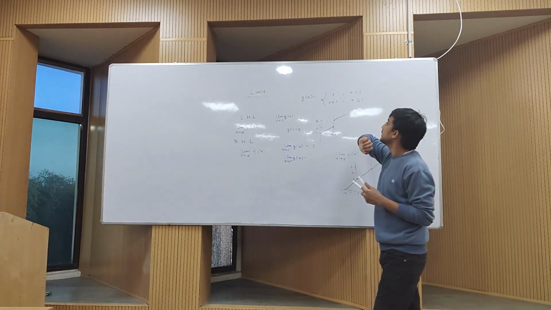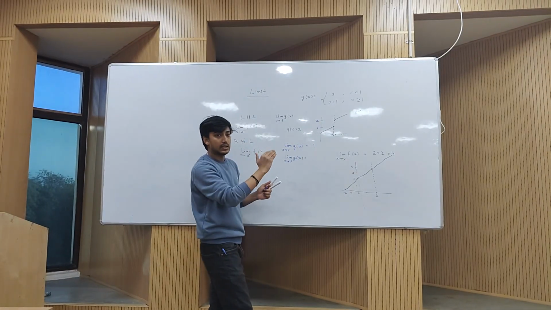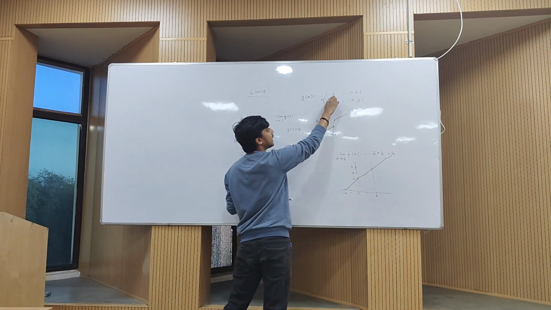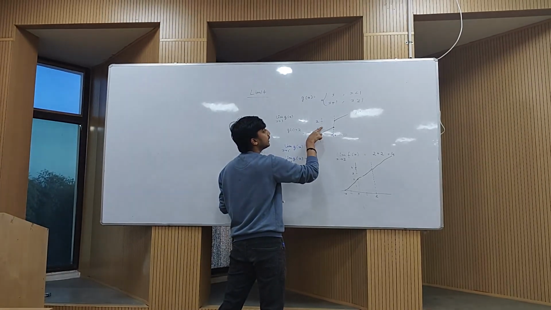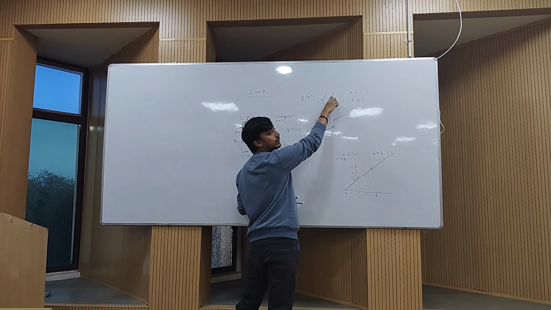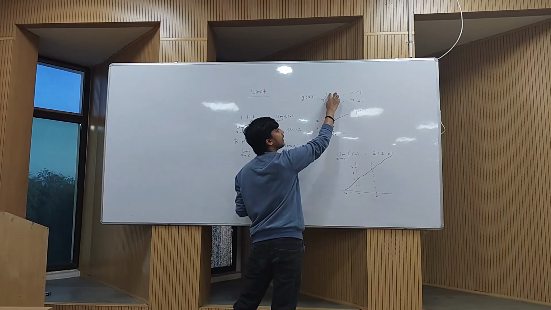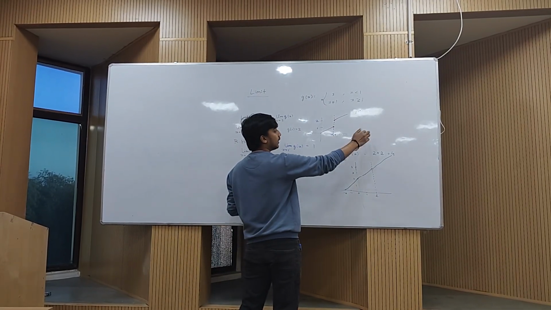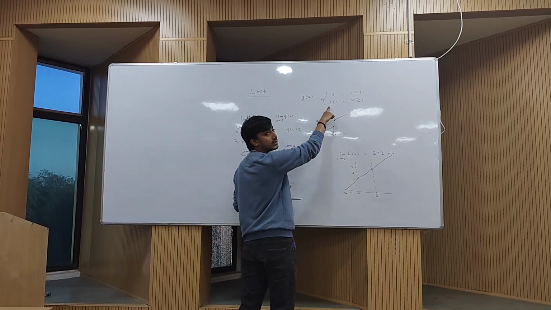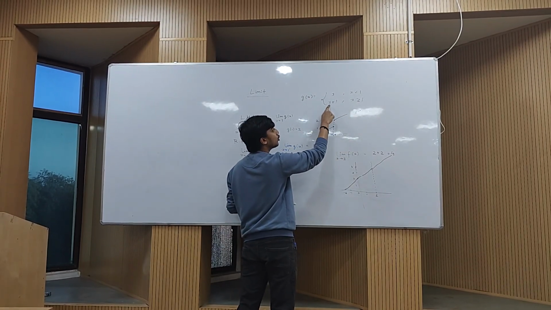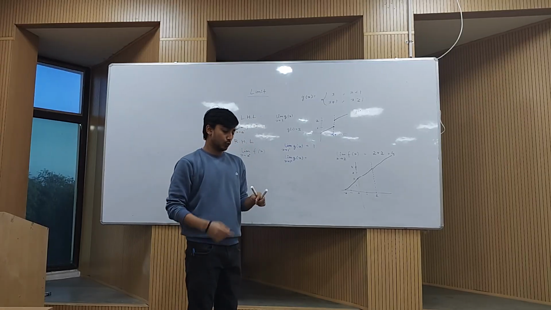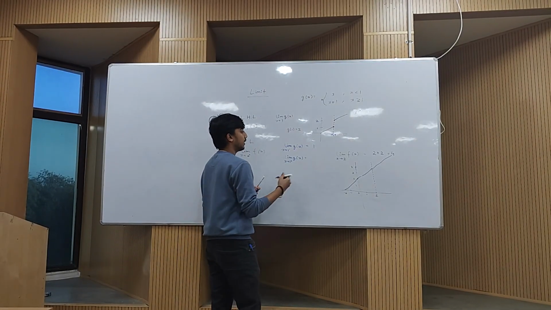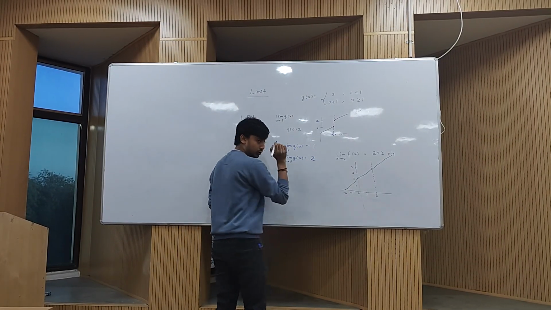From here also we can see left side means less than 1, and when it is less than 1, g(x) is x. So x is going to 1, and g(x) equal to x is also going to 1. And if we are going from the right, then g(x) is x plus 1. So when x goes to 1, x plus 1 goes to 2. So here my value is 2.